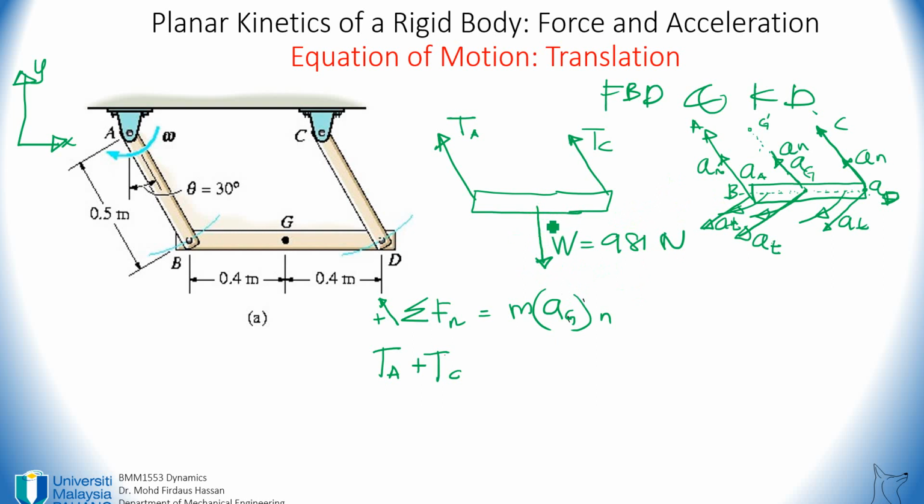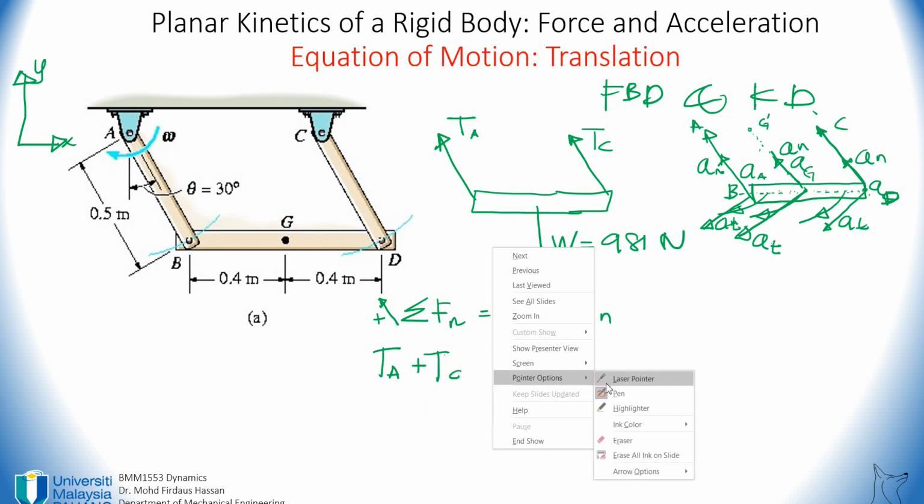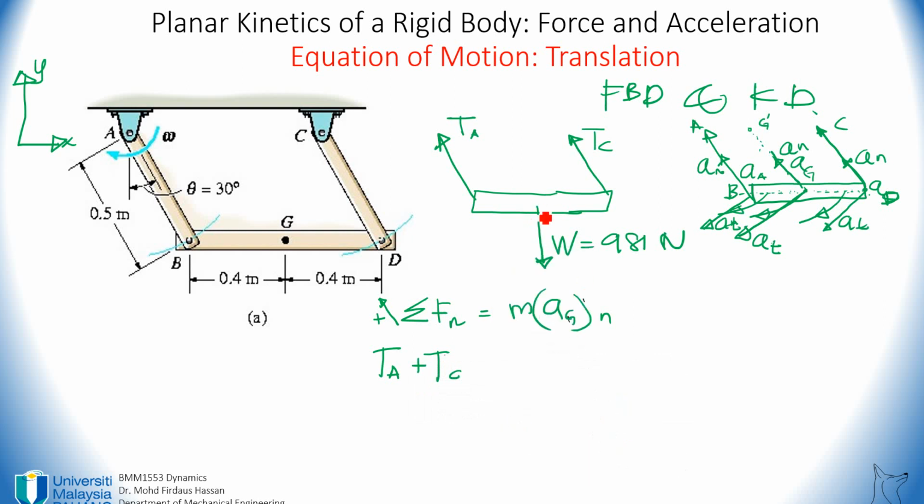Alright, here W, you have to split into two components as well, normal and tangential. So how to do that? It has two components, in N and in T. In N it is downward, so it will give you negative values.